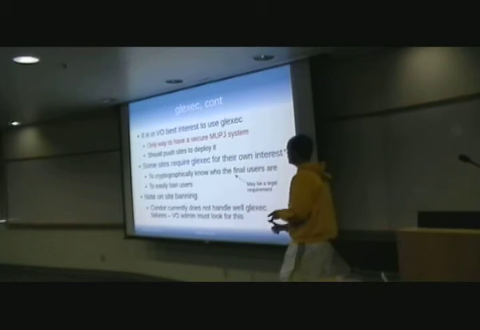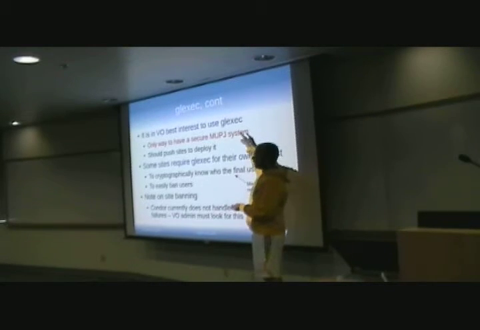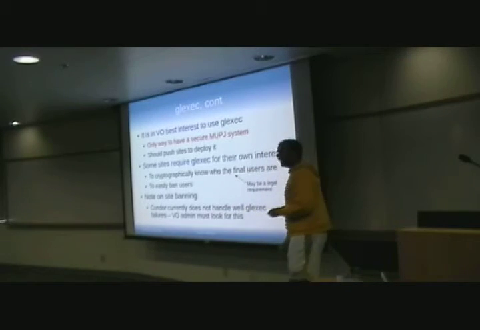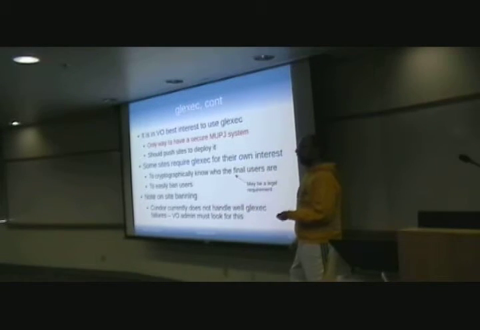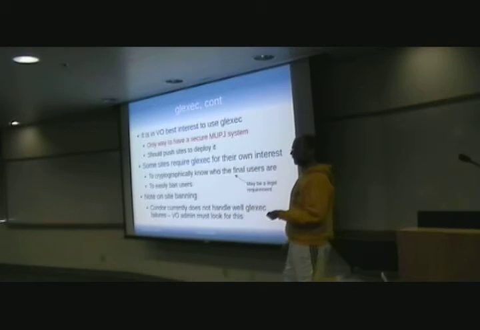So it's the only way to have a secure multi-user pilot job system. So you should strive to get to the point where you use GLExec all over the place because it's in your best interest. Else, the first time you have a problem, you will have to shut down the whole infrastructure for weeks until you figure out what went wrong.